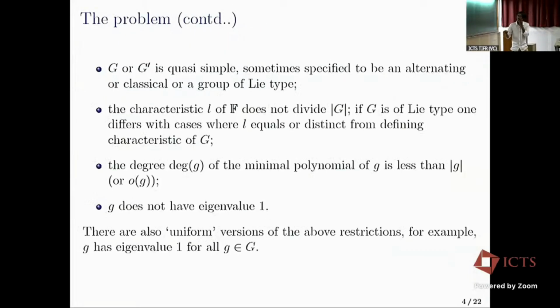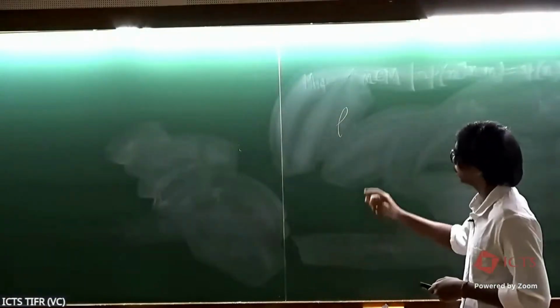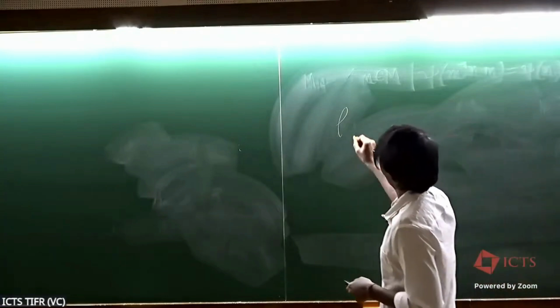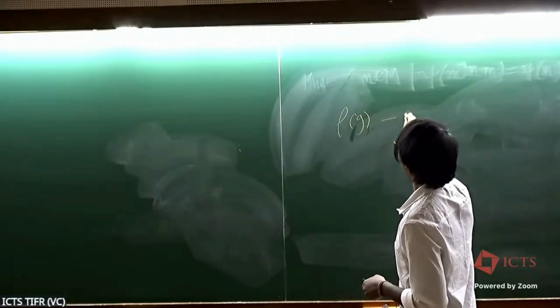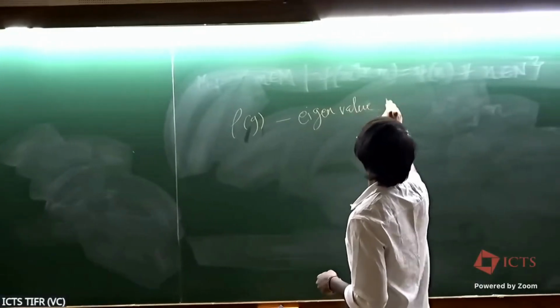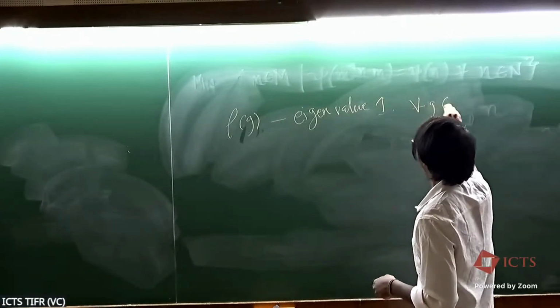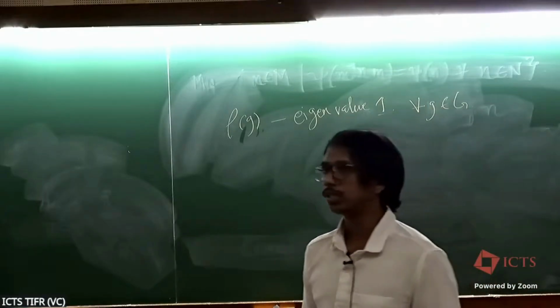And in particular, there is a very nice version of this, which is, can you determine all irreducible representations, or equivalently, you take a representation of G and you say that a representation rho is unisingular if the matrix rho(g) has eigenvalue 1 for all g belonging to G. Such representations are called unisingular representations.